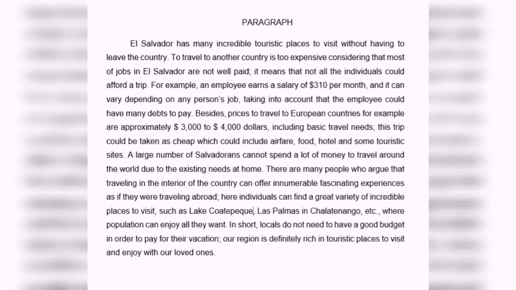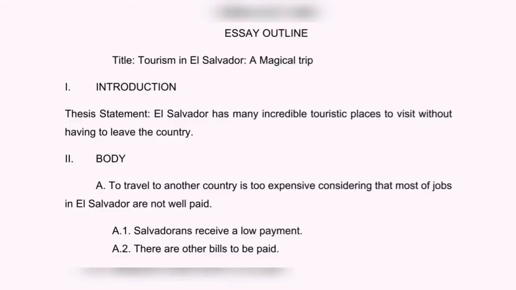After this, we have the essay outline that has already been explained, and it contains the structure of the paragraph in a more selected way that will help us to better elaborate our essay. As you can see, we find here the title, introduction, what is the thesis statement, the body.